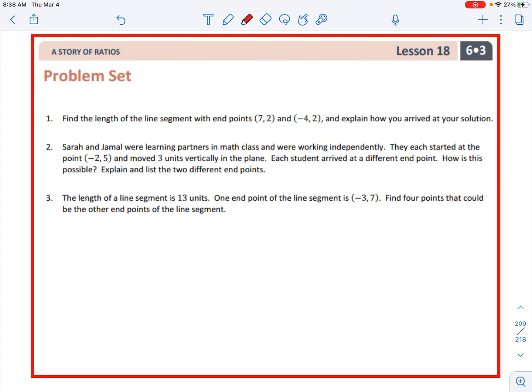Number 2, you're going to start here at -2, 5. You're going to count 3 units up and 3 units down and tell me those 2 points. And then number 3 is kind of a difficult problem, so this is going to be extra if you want to try it.